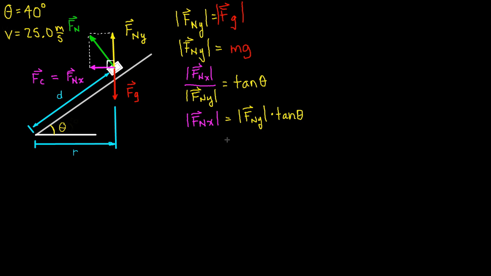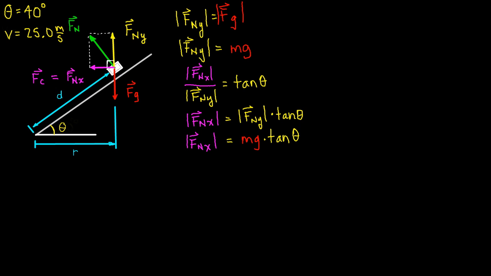And substituting, we get that that must be, in fact, mg tan theta. I'm deliberately doing these in multiple colors for you because it relates to the color of the forces in the diagram. So we have that relationship that the magnitude of Fnx is equal to mg times the tan of theta.